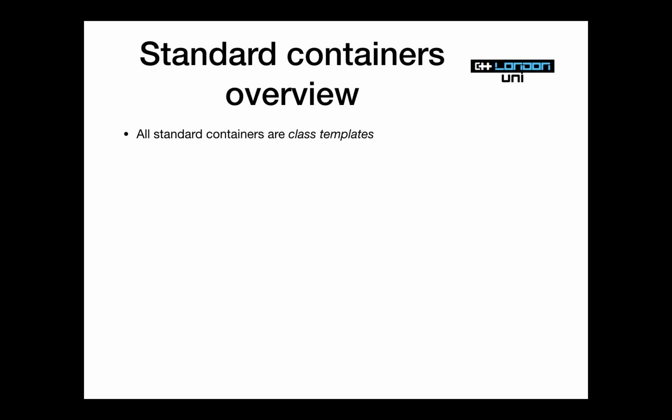Right, so vector is a class template, and we can say, okay, we've got the blueprint for creating this vector. I want you to make me a concrete vector of ints, and that's a vector of ints, and it's a different type to a vector of floats. And it's a different type to a vector of strings.